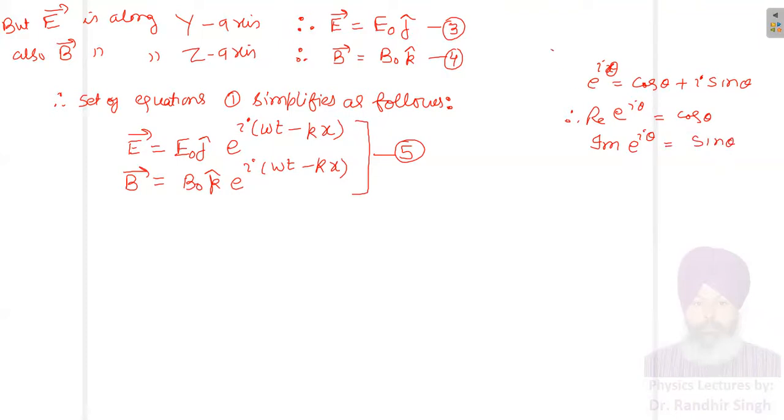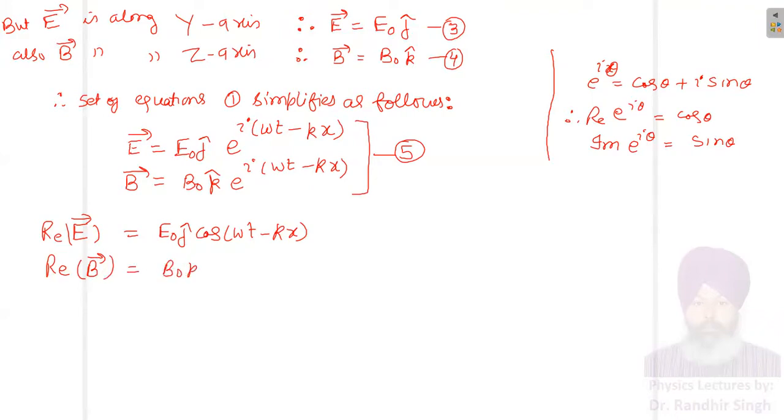If we apply this knowledge here in equations 5, the real part of E vector will be written as E0 j cap cos(omega t minus kx). Similarly, real part of B vector will become B0 k cap cos(omega t minus kx).